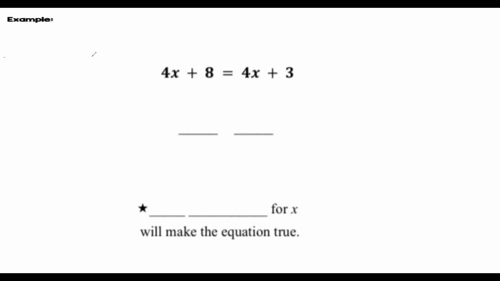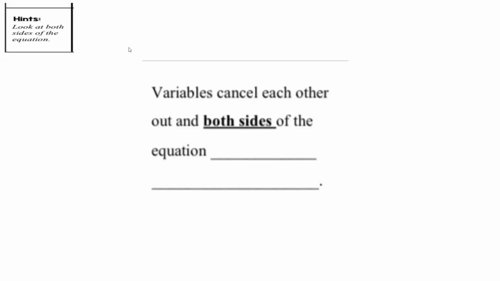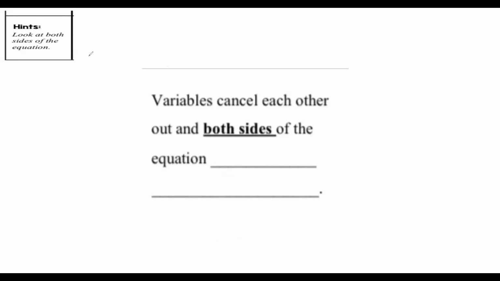Let's get that helpful little hint. Variables cancel each other out, like we saw in the last example, and both sides of the equation do not look equal.